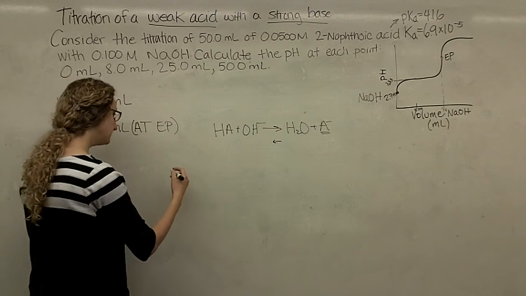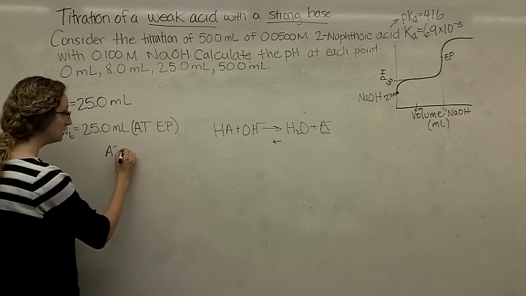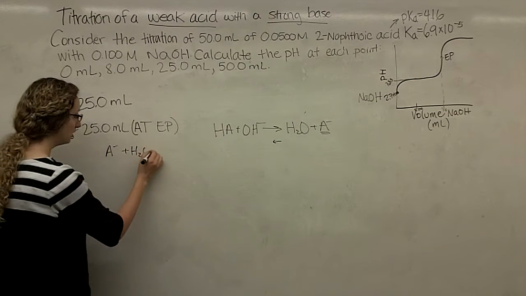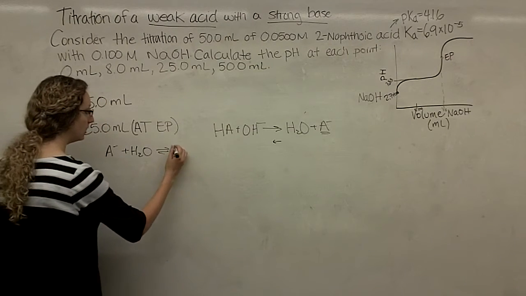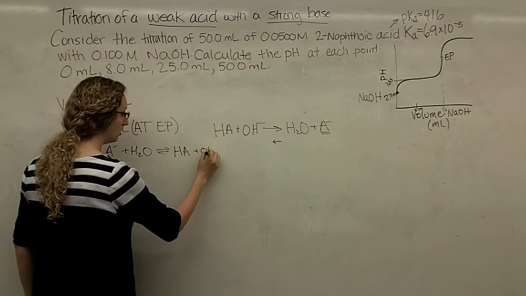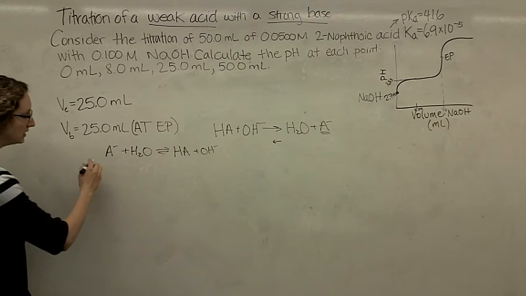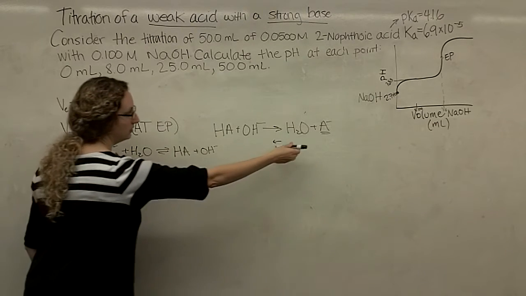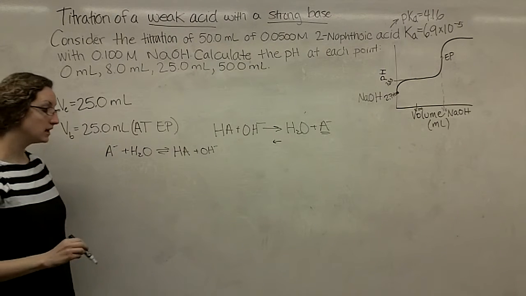So if we rewrite this, we have A minus plus water now reaching an equilibrium with our HA plus OH minus.